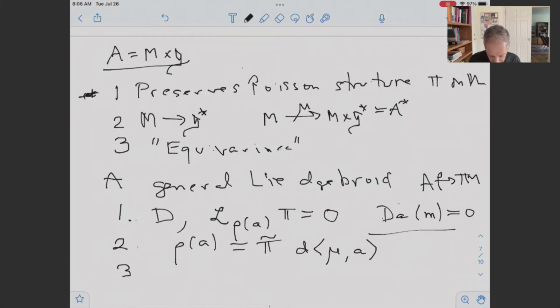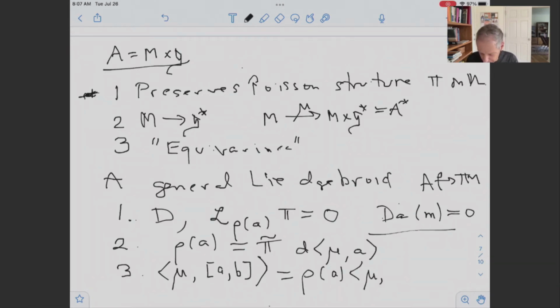And the third condition, there are various ways of writing it, but mu paired with the Lie algebroid bracket of the sections A and B is equal to rho of A times mu paired with B. Again, in the action algebroid case, this just holds for constant sections.